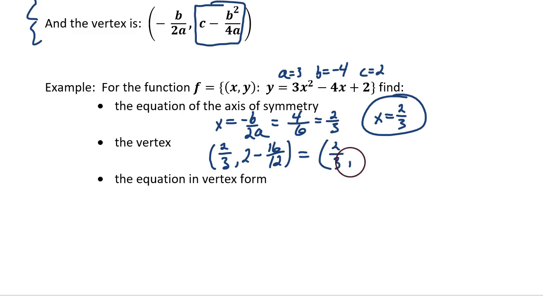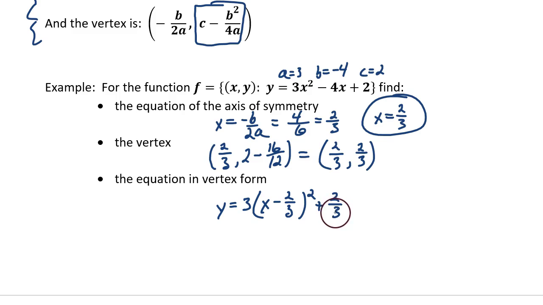We get 2/3 comma 2/3. The equation in vertex form is y equals 3 parentheses x minus 2/3 squared plus 2/3, where you're substituting a at the beginning, the value of h here, and the value of k on the end.